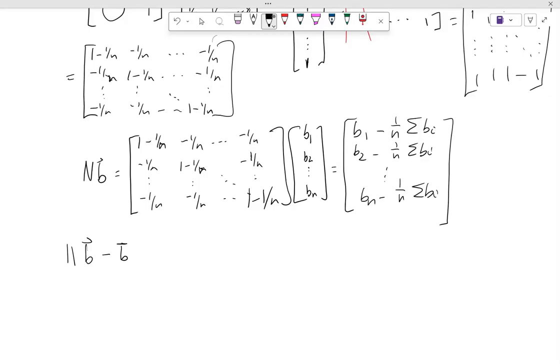Remember again, this is a vector with all B bar on it. Just writing it that way. If I want to be really hyper-technical, I could put that little iota on it so that I have the same entry all the way down. Squared will be NB transpose times NB.